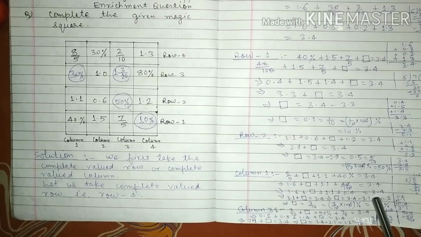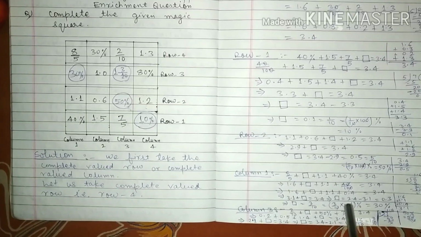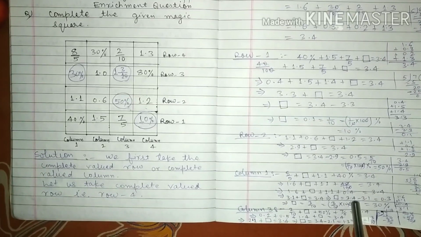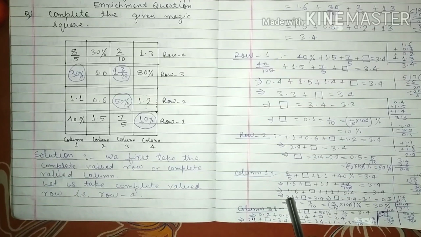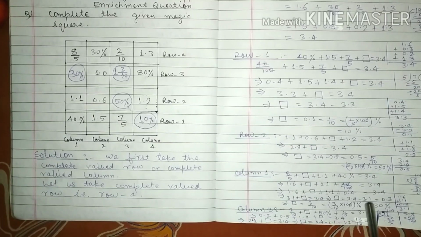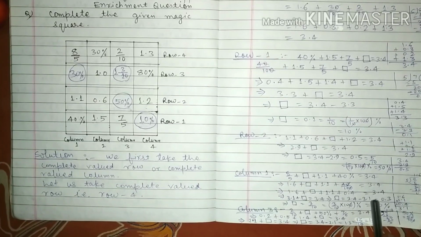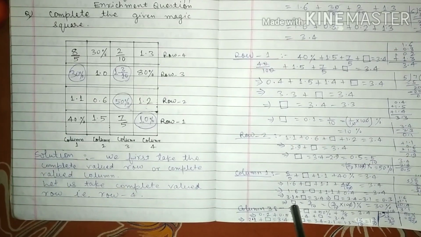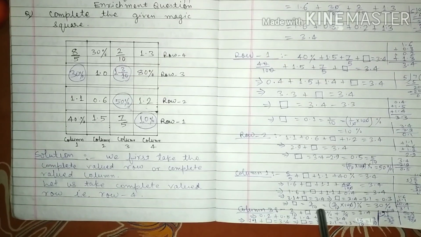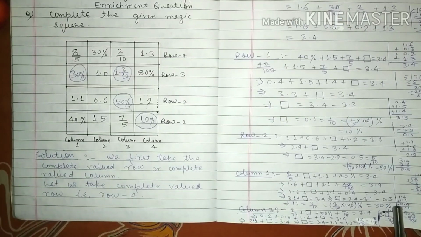This equals 3.4. So 3.1 plus box is equal to 3.4. This implies that box is equal to 3.4 minus 3.1. 3.1 is transposed from left to right, the sign is negative. After subtraction we get 0.3. This implies that box equals 3 by 10, which is 3 by 10 into 100. 0, 0 cancel. 3 tens are 30%.